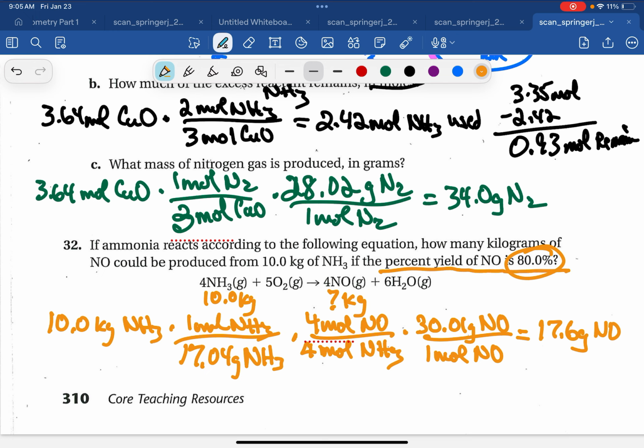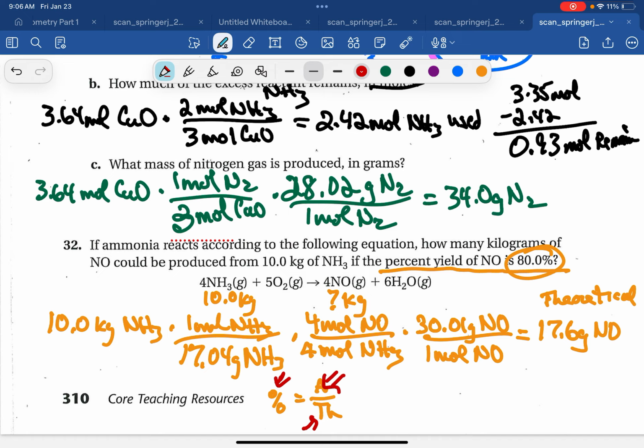Now it says the percent yield is 80%. So how do I get from 17.6, which is the theoretical yield, to the actual yield when I know the percent? Remember, percent was actual over theoretical, and we know the percent and the theoretical, and we want to know the actual.